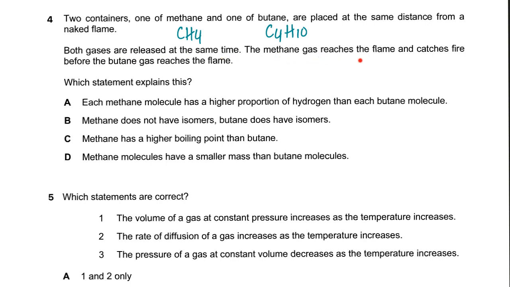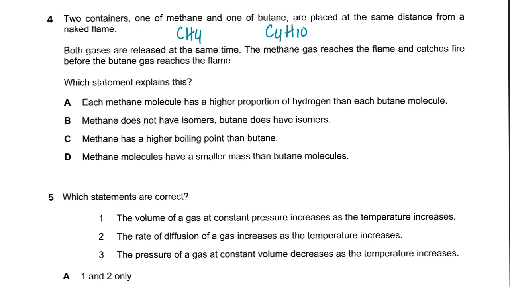The methane gas reaches the flame and catches fire before the butane gas does. So you don't need to predict which goes there. They're already telling you methane goes there first. And it kind of makes sense with their chemical formulas in front of us, right? Why has methane reached there first? Obviously because it's lighter.